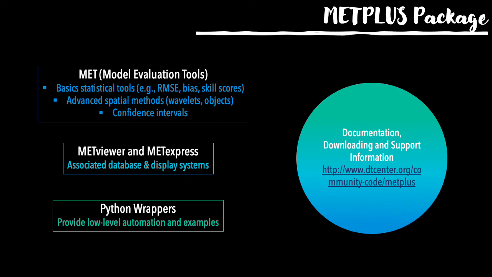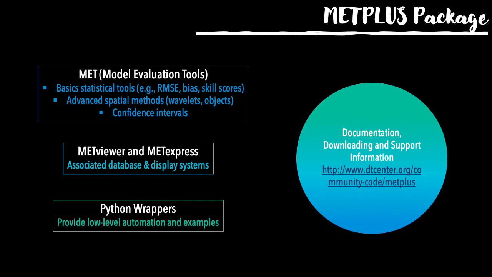Moving away from ObsGrid, I want to briefly discuss MET+. This is a verification framework that spans a wide range of temporal and spatial scales, from storm scale to global. It's intended to be extensible through additional capability developed by the community. On the left, I have listed the three core components of the framework.